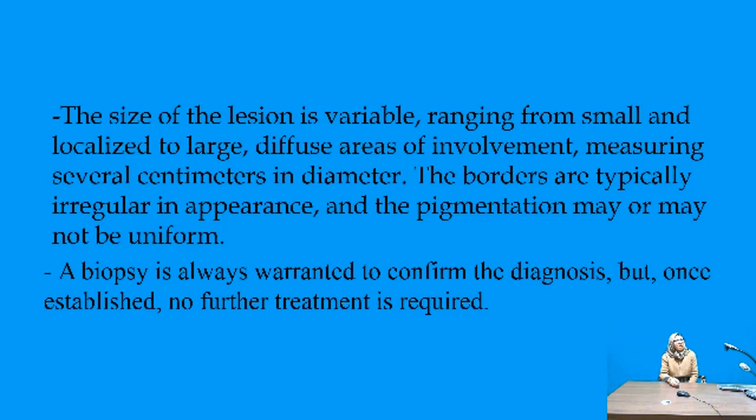The borders are typically irregular in appearance and the pigmentation may or may not be uniform. A biopsy is always warranted to confirm the diagnosis, but once established, no further treatment is required.